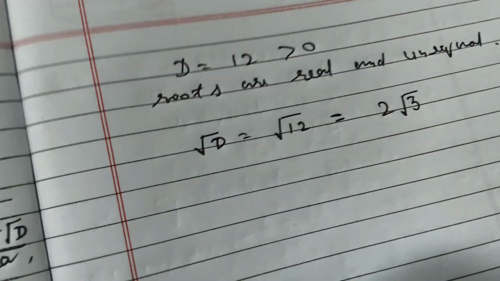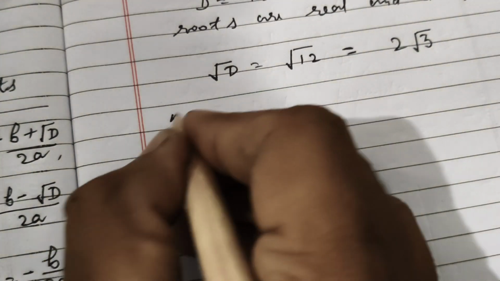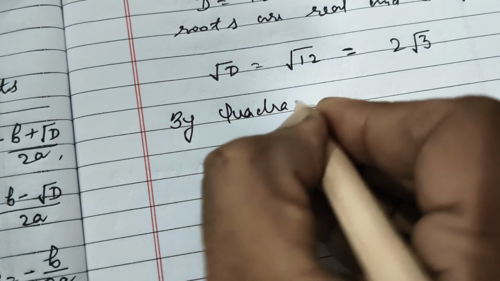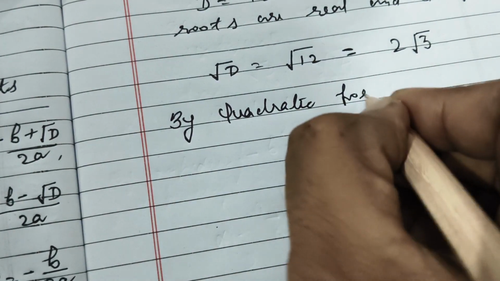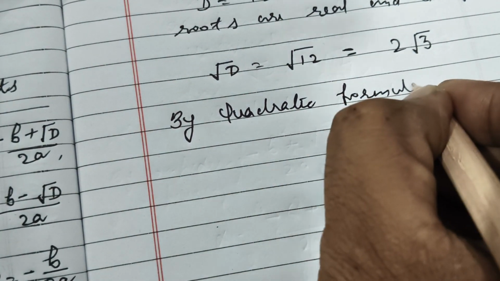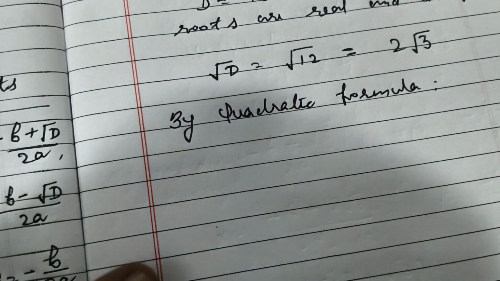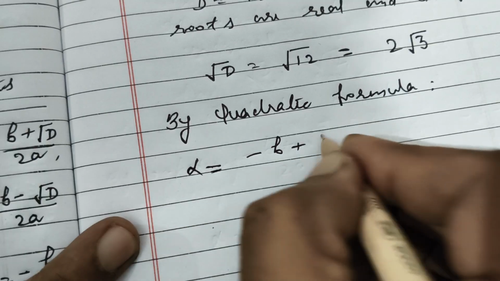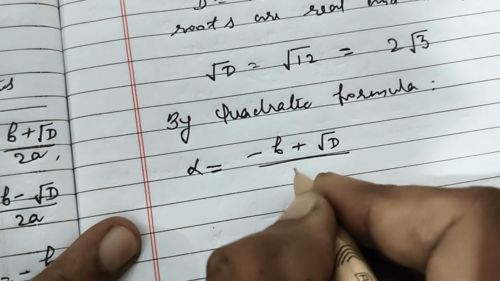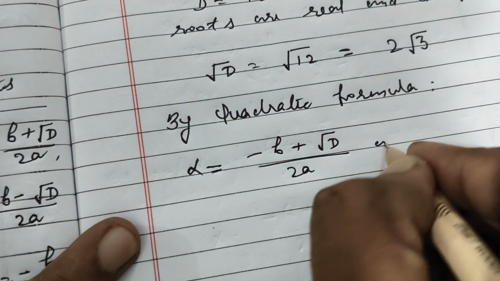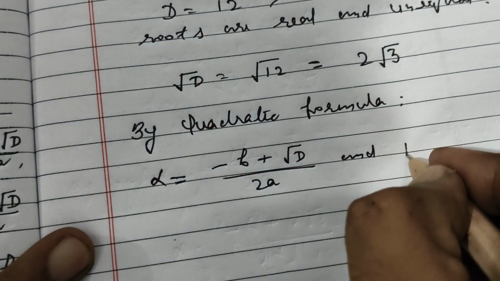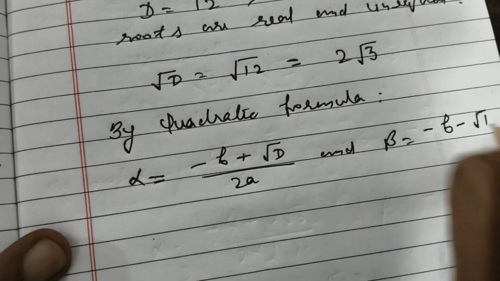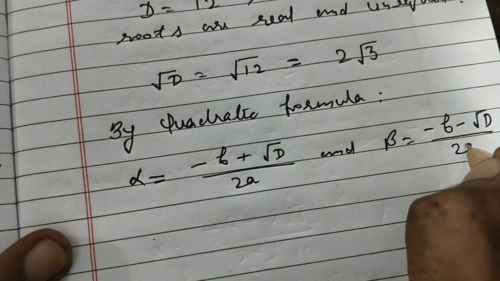Now by quadratic formula, roots of the given quadratic equation, alpha is equal to minus b plus square root d divided by 2a, and second root beta is equal to minus b minus square root d divided by 2a.